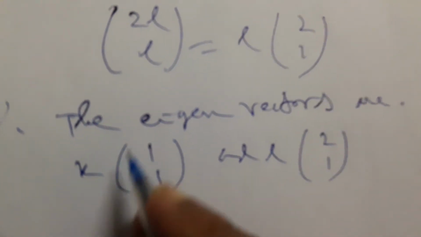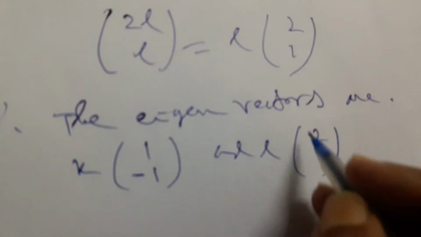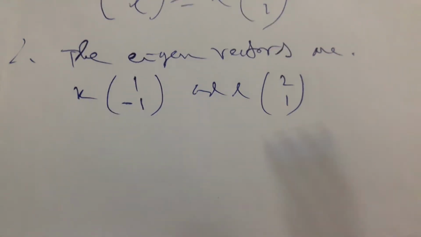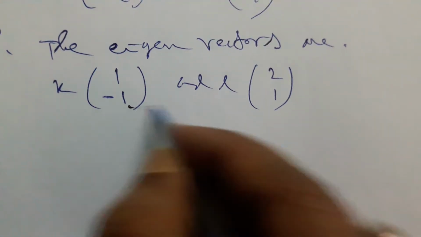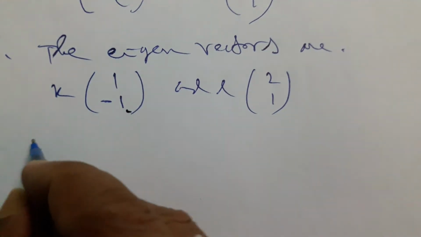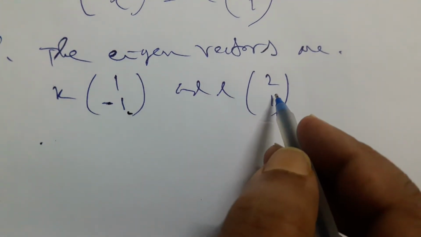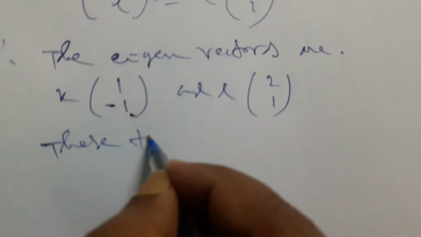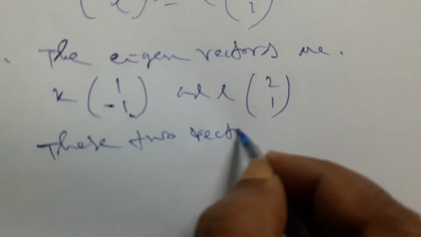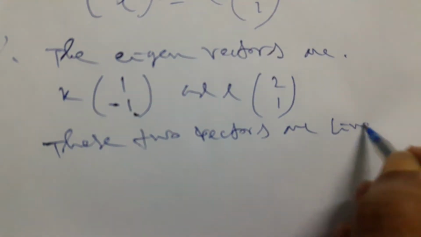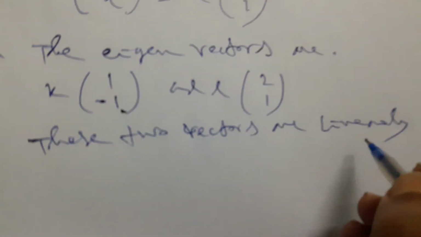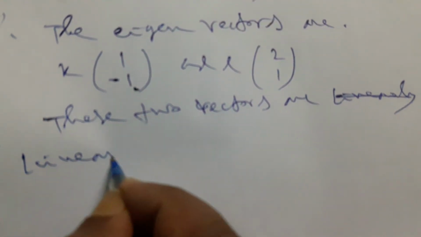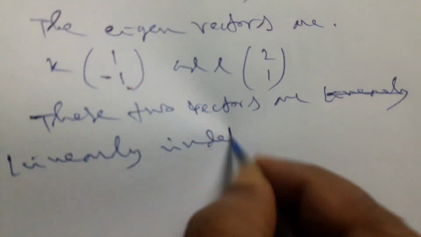It is easily observable that these two vectors are linearly independent.